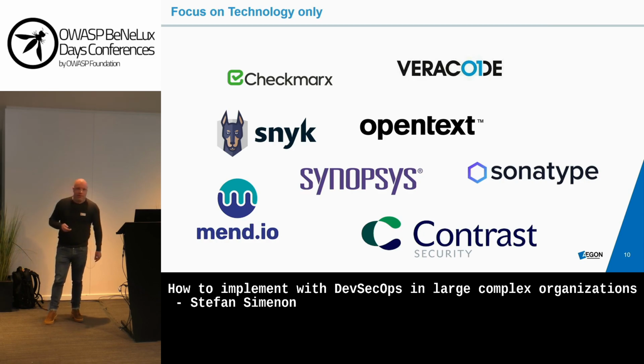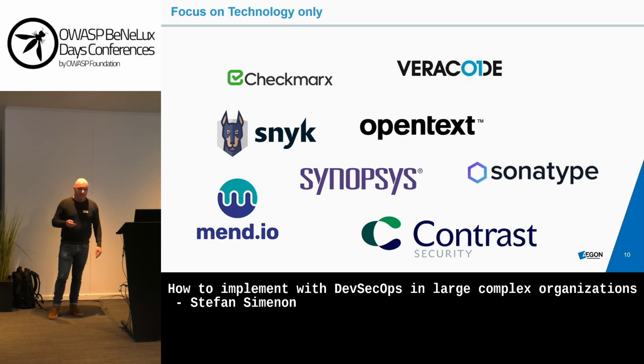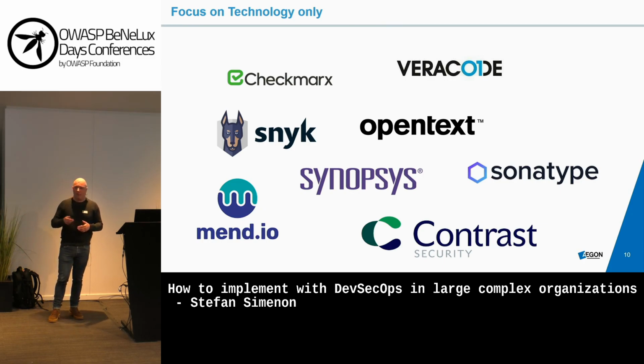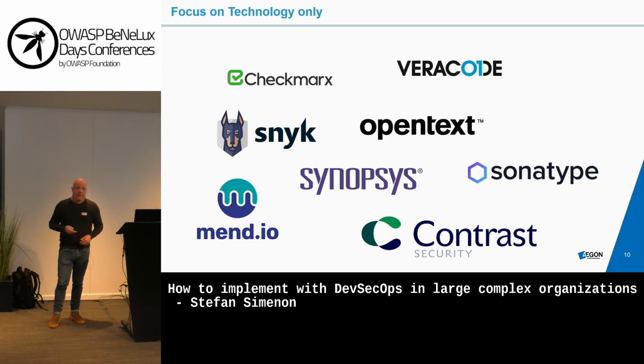Focus on technology only. Now, I see a lot of suppliers here, a lot of suppliers who have tools for scanning, and the one tool is better than the other tool, and the one tool has more functions than the others, but do not focus on technology only. What you see is that if a company is starting up a program, they do an RFP, there is market research, they spend lots of time on selecting the right tool or on proof of concepting a right tool, and then negotiation about pricing and contract processing.